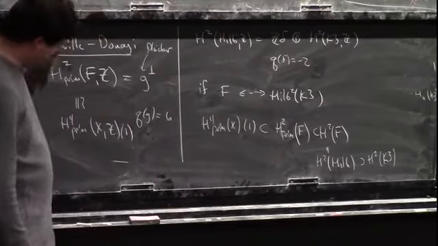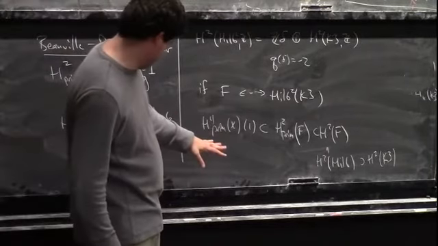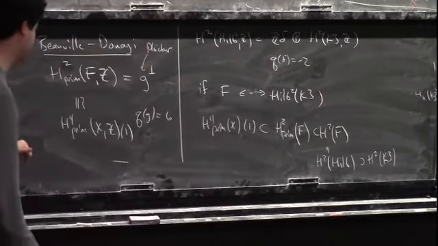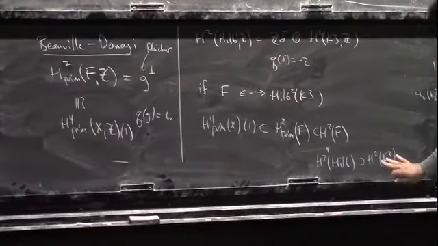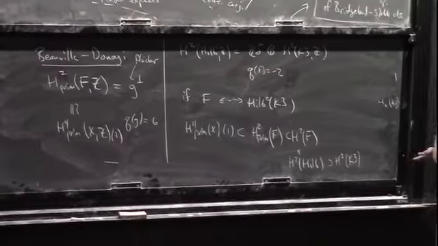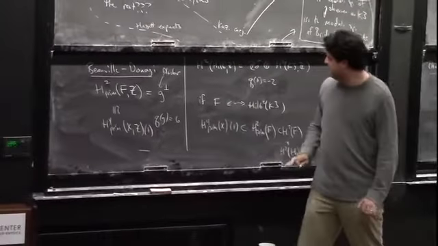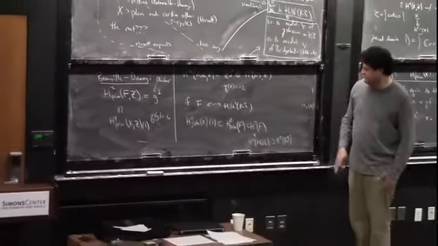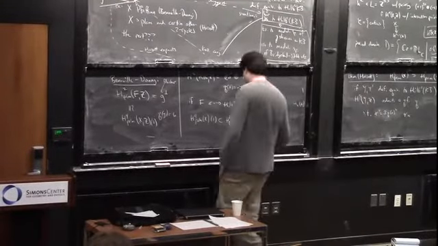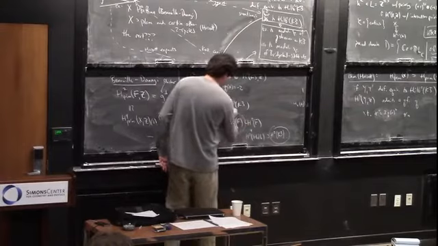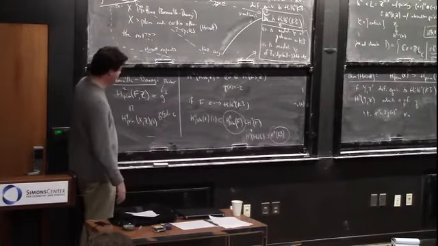I totally confused myself. So you take this piece and intersect with g perp, and you get something of codimension 1.